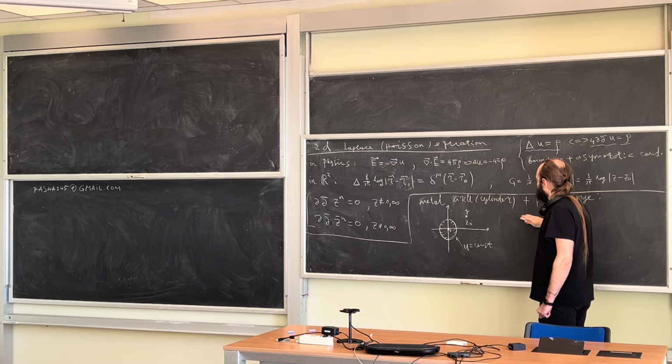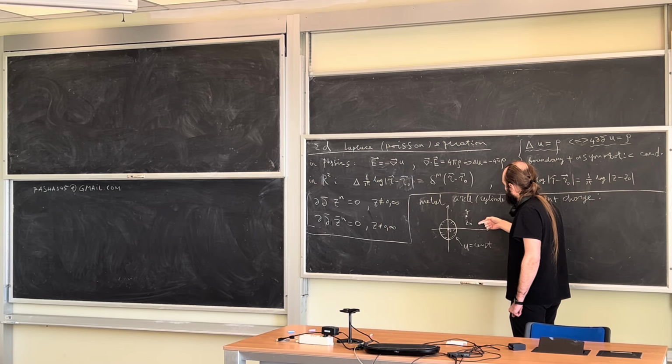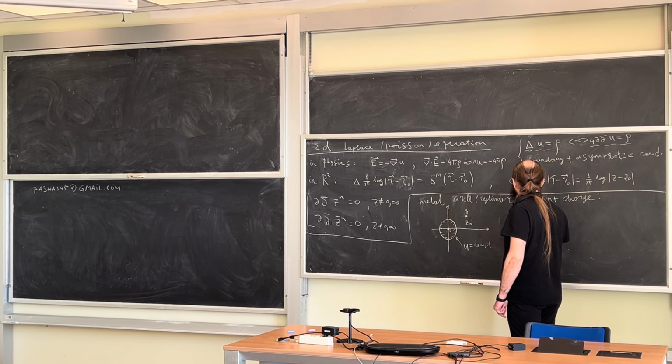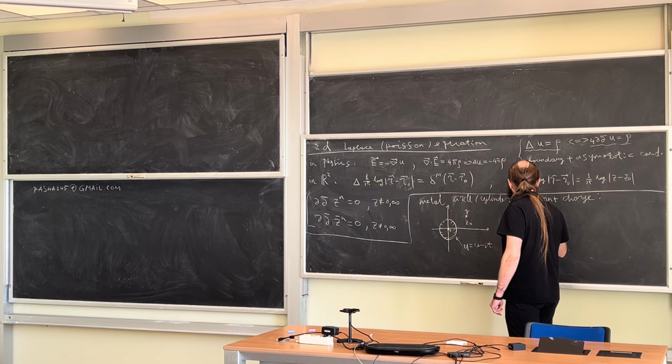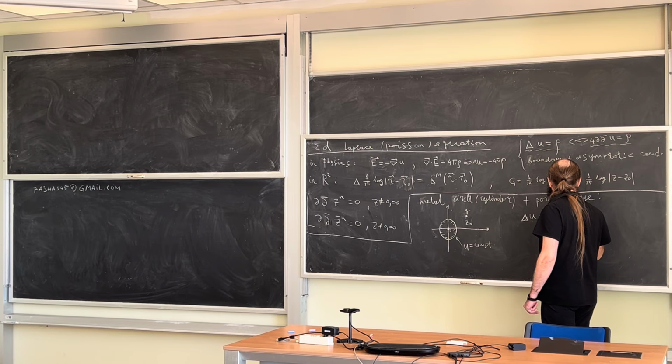So our problem mathematically looks like this. We have an equation: Laplacian of u equals Q times the two-dimensional delta function of z minus z0.